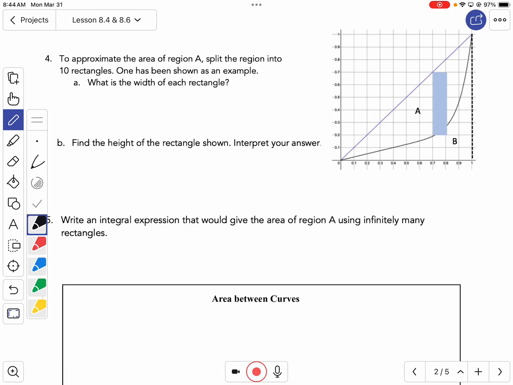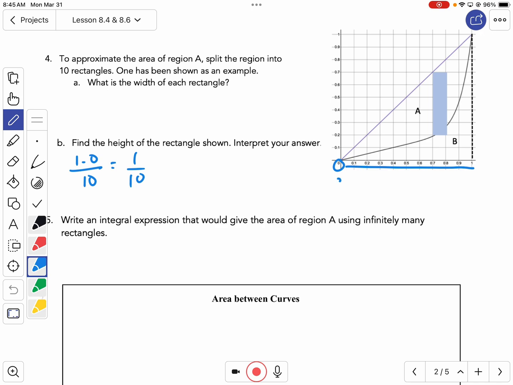What would be the width of each rectangle? Well, it'd be 0.1, right? We're going from 0 to 1. So 1 minus 0, and we would divide it by 10, which is 1/10.